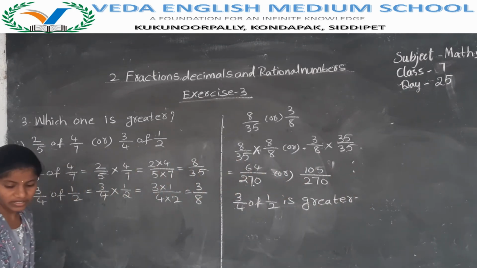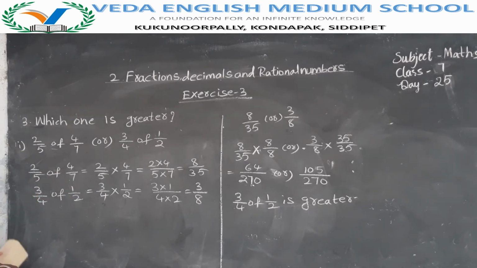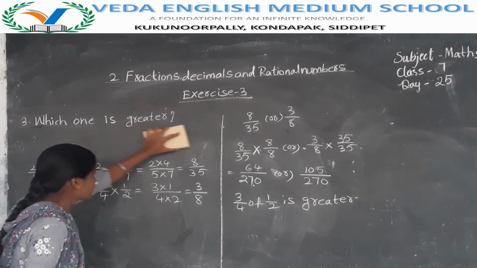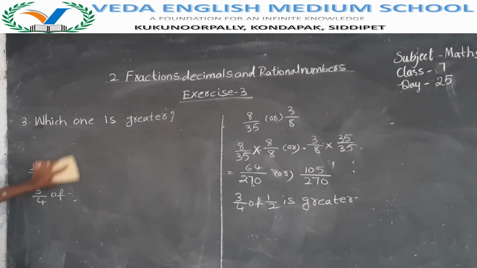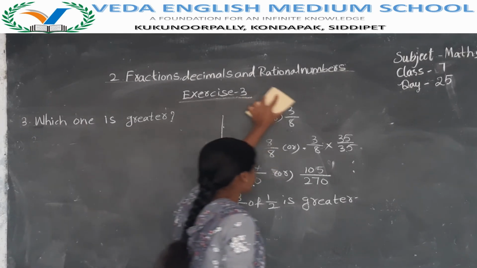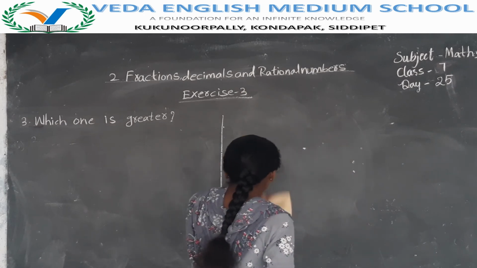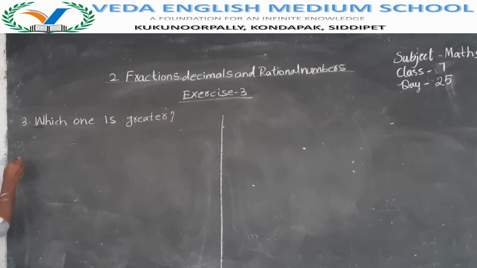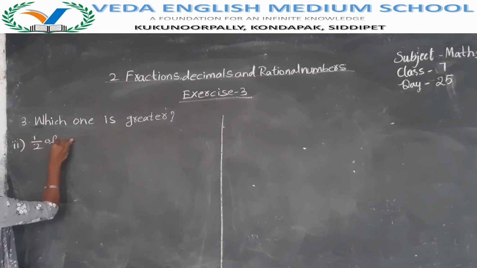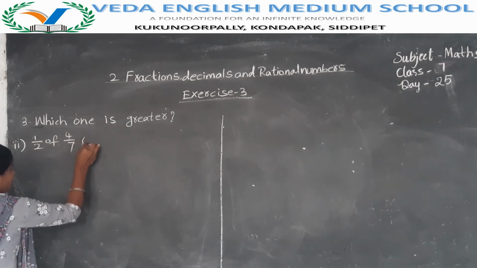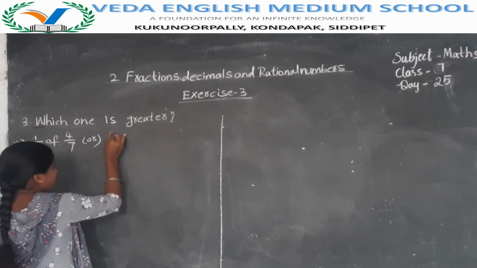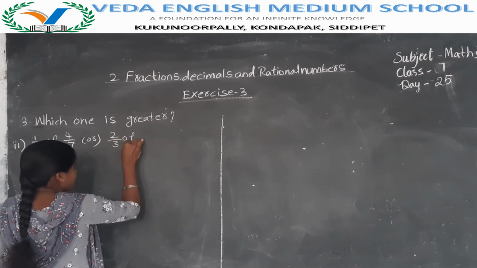Understand? Next, second problem. Have you understood the first problem? Next, second one. 1 by 2 of 4 by 7, or 2 by 3 of 3 by 7.